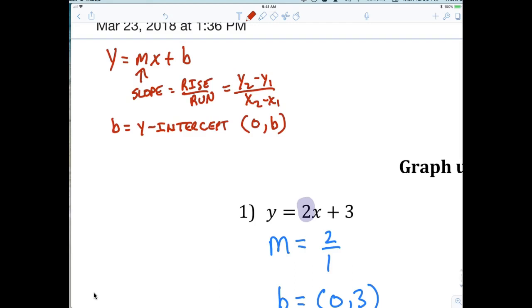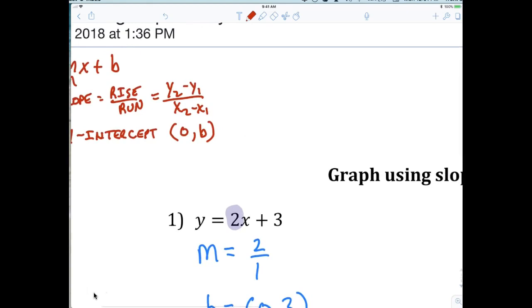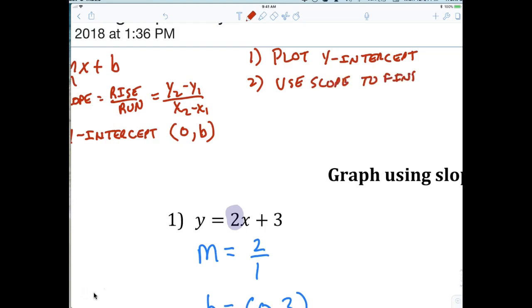With that in mind, I'm going to list some rules out for you. Step number 1, you plot the y-intercept. Step number 2, you're going to use the slope to find a second point.